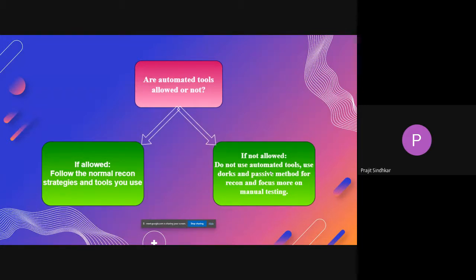Focus more on this part rather than doing port scans and other things. It won't take much time, since most of our recon methodology has been reduced. Then focus more on manual testing, because that is what at the end will give you more bugs.